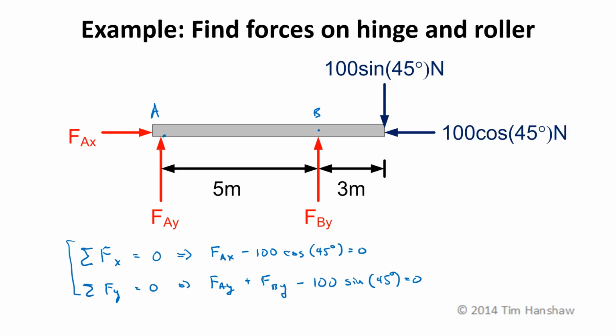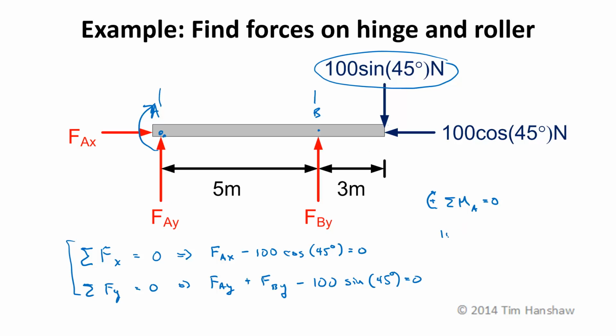Now I need to make sure that it doesn't rotate around this point. Moments cause a rotation, so the sum of the moments at A is equal to 0, and I'm going to say rotation in this direction is positive. To make something rotate, you not only need a force, but you also need a moment arm. So this 100 sine 45 degrees is going to try to cause this to rotate in the positive direction.